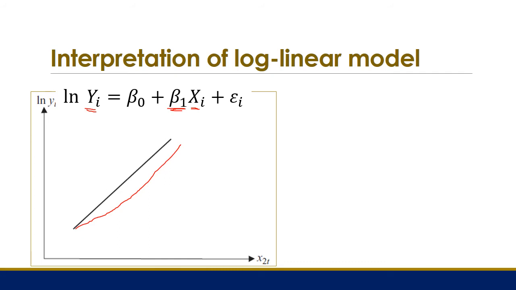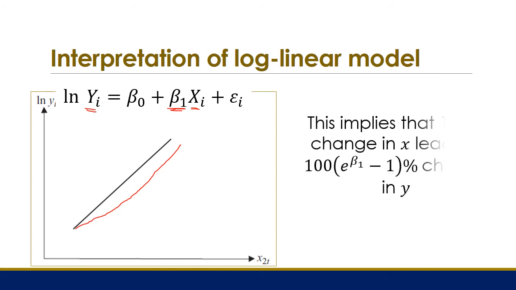It means that a 1 unit change in x leads to 100 times (e raised to beta 1 minus 1) percentage change in y. Notice that the change in y is expressed as a percentage of the unit change in x for the log linear model.